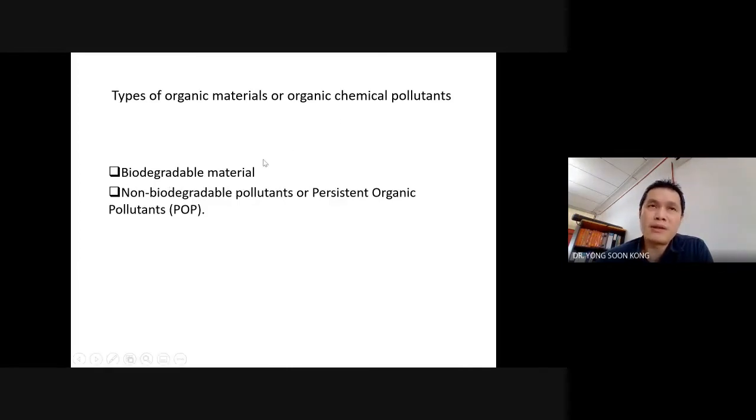So the ones that are harming soil organisms are those that are non-biodegradable. The biodegradable ones are soil organic matter. The non-biodegradable ones usually will be considered as the pollutants or contaminants. And sometimes they also have another name. You can also call it persistent organic pollutants.